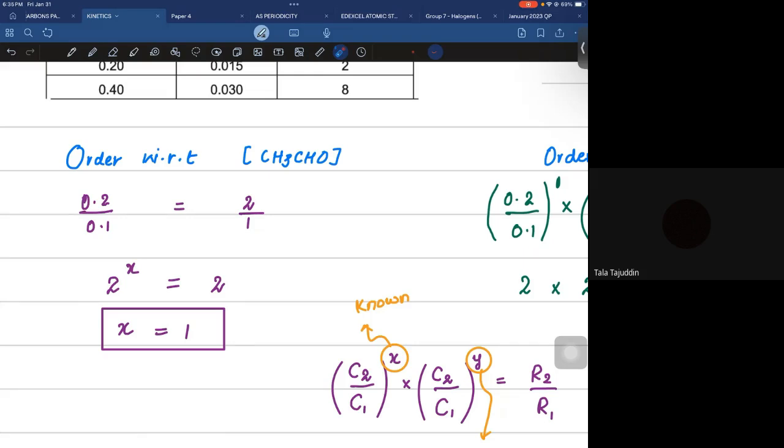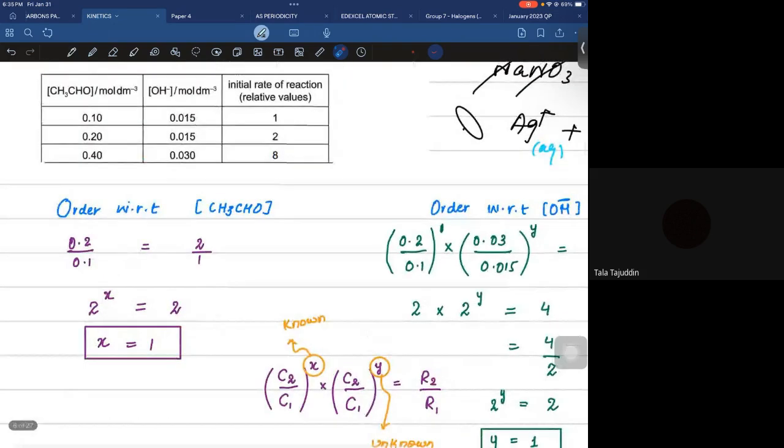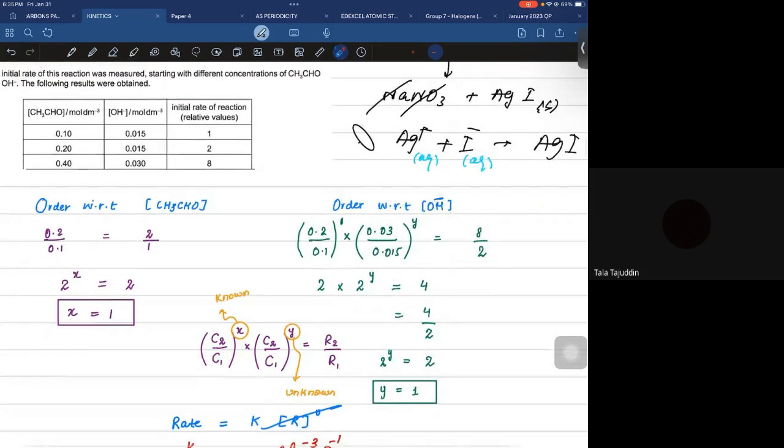And then, when you are going to find the order of reaction with respect to OH minus, although this is not the same, I am going to take this experiment and this, 0.03 over 0.015.